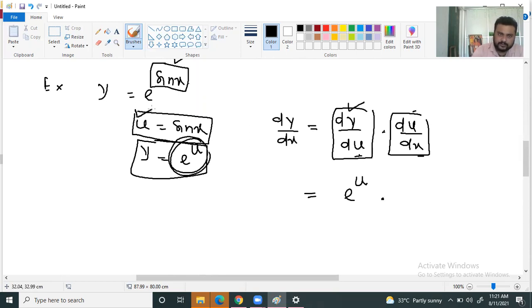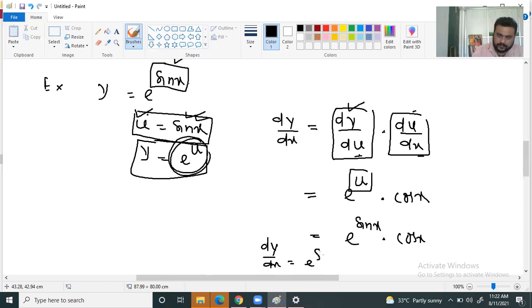That means u is a function of x, the derivative of u with respect to x, sin x. The derivative of sin x is cos x. This is our result. Substitute the original value below. What is u? It is sin x. So dy by dx is equal to e to the power sin x into cos x.